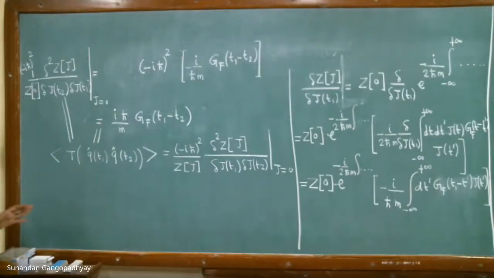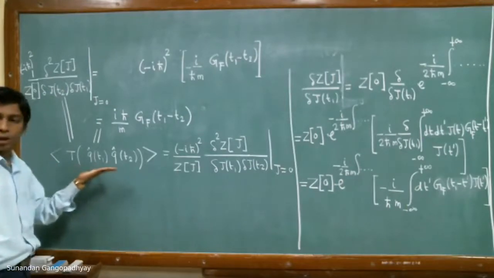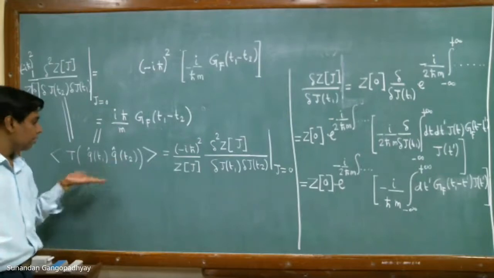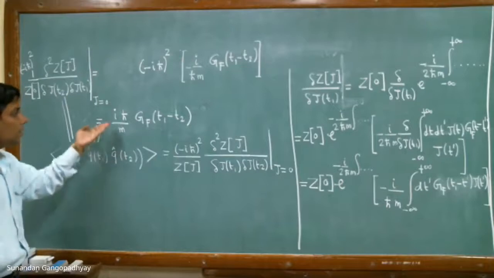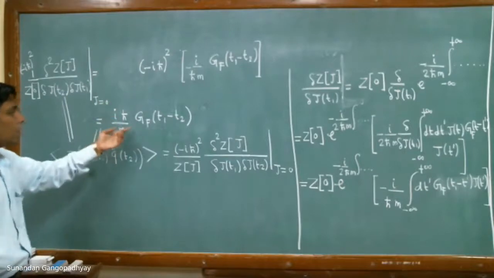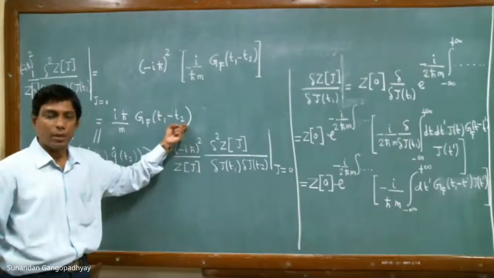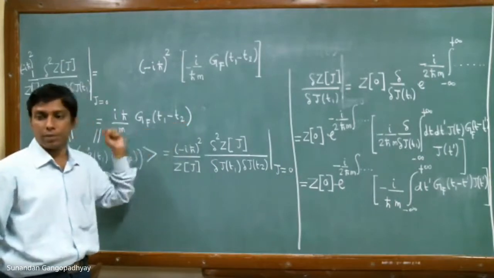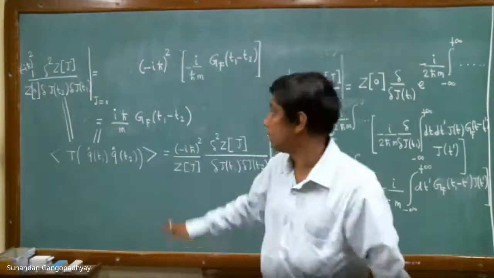So what we find is that the 2-point correlation function, the expectation value of the time ordered product of two operators, Q hat at t1 and Q hat at t2, is proportional to the Green's function of the theory. It is proportional to the Feynman Green's function. So that is a very important result. It's a very nice result.